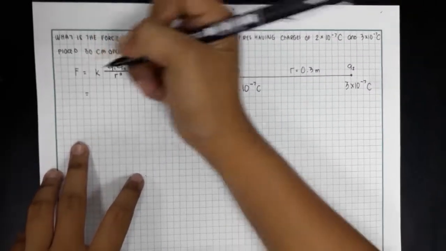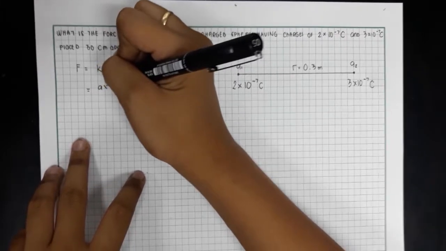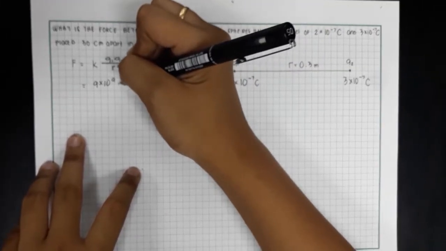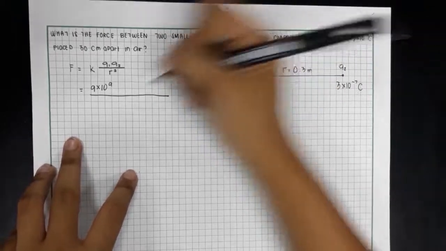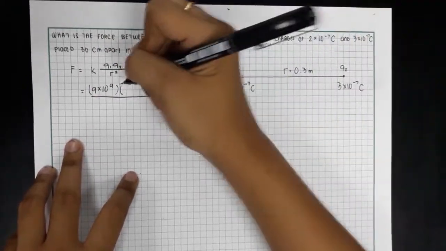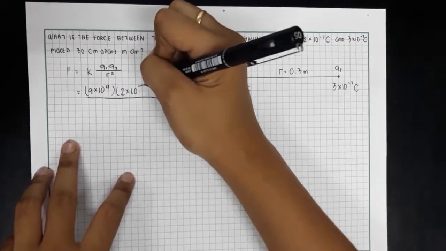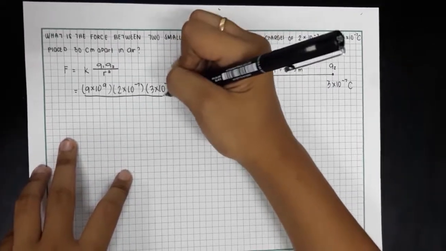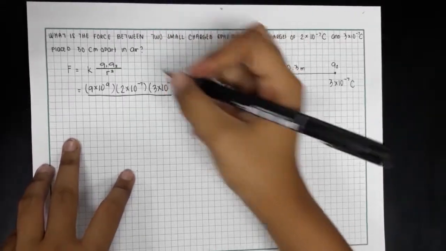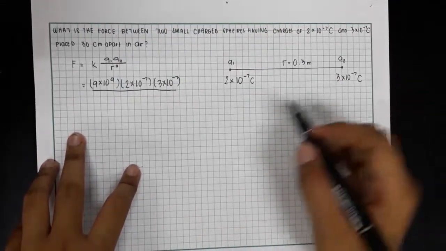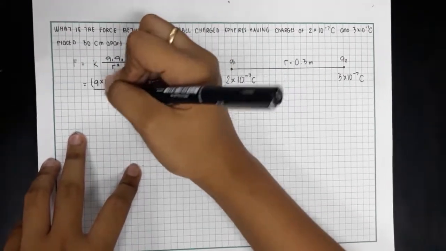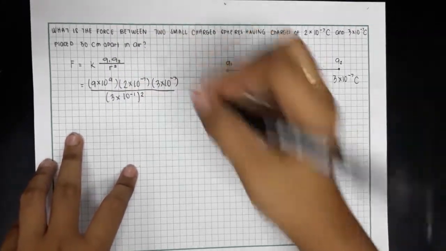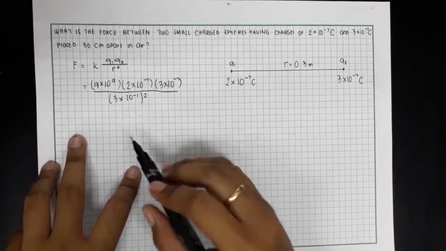First, let's write the Coulomb constant, which is 9 times 10 raised to 9, multiplied by the first object, which is 2 times 10 raised to negative 7, multiplied by the other object, which is 3 times 10 raised to negative 7, and divided by 0.3 meter, which we will write as 3 times 10 raised to negative 1, squared. We wrote that distance for simplification.